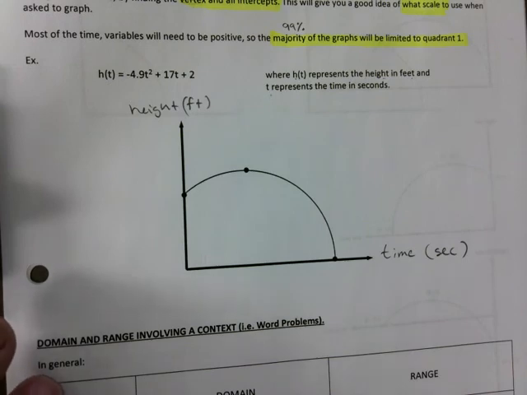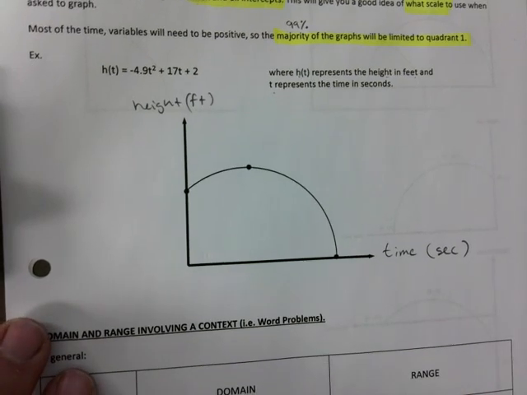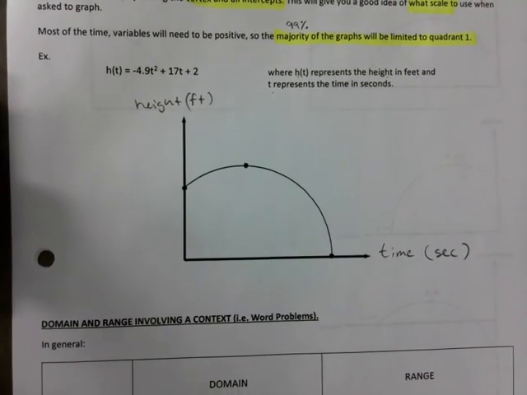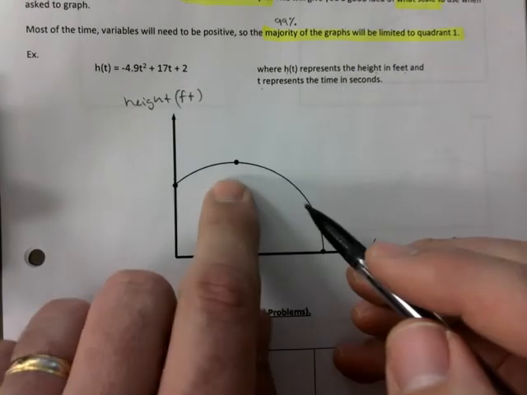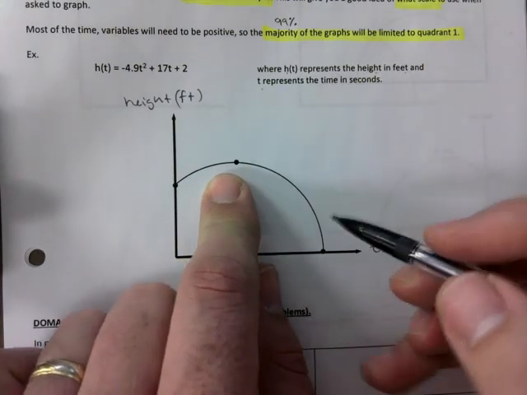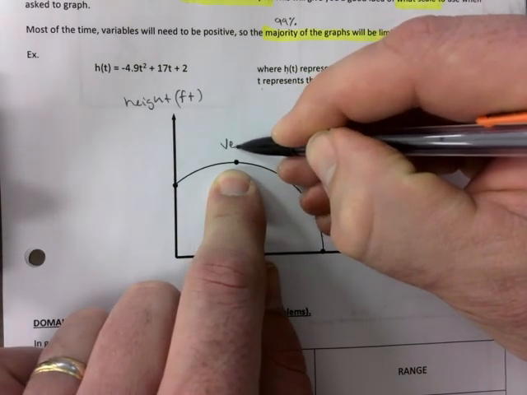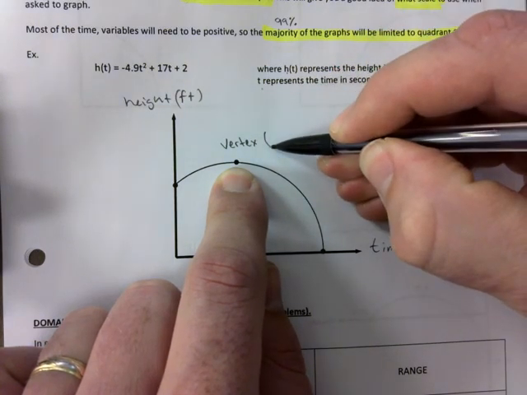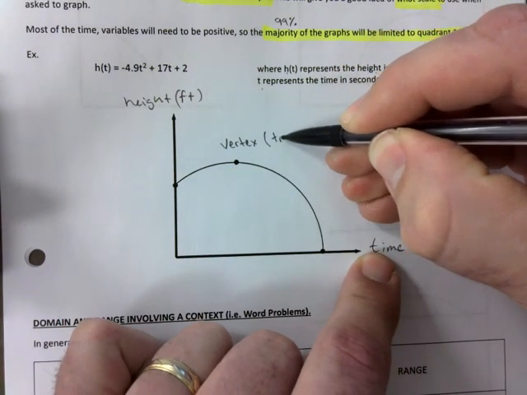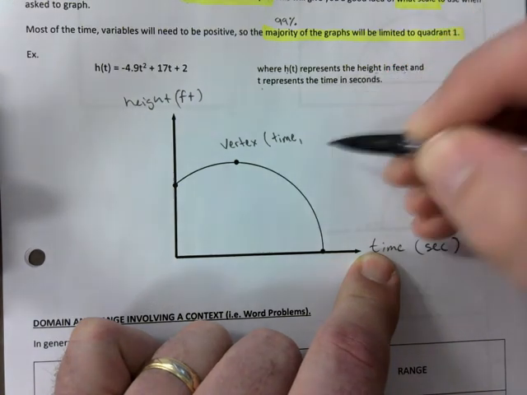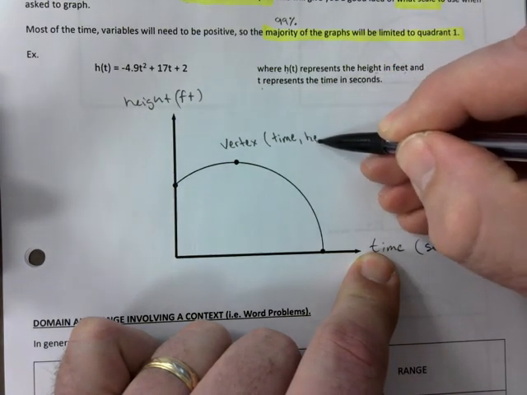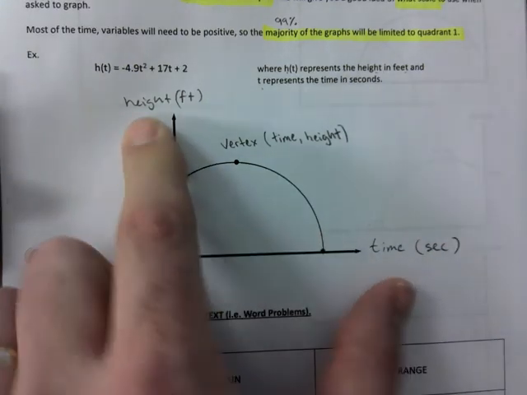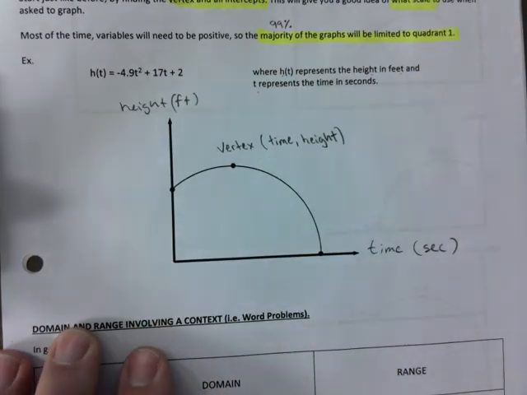Every point that you've looked at before means something when we're doing word problems. So watch this. The vertex in this case would actually be time and height, instead of x, y. So your x and y is replaced with time and height.